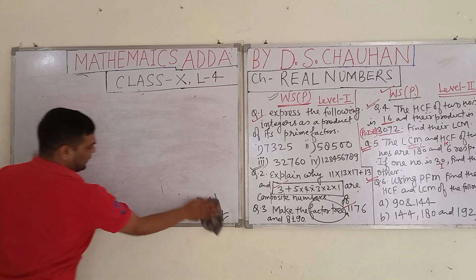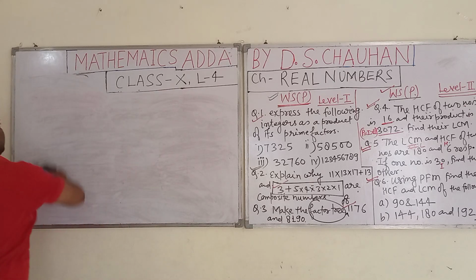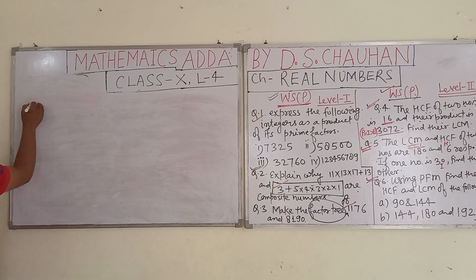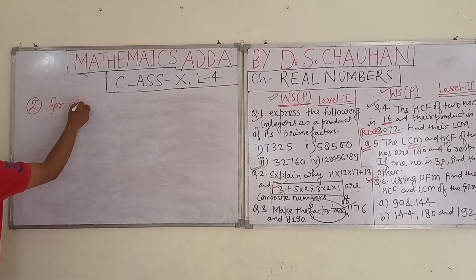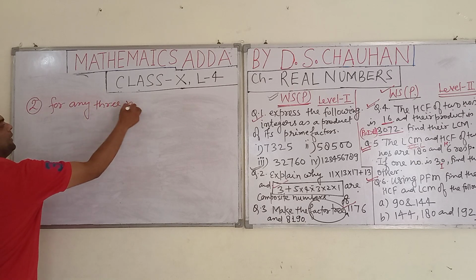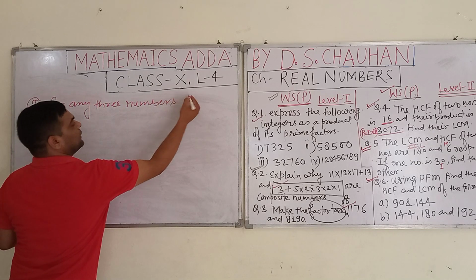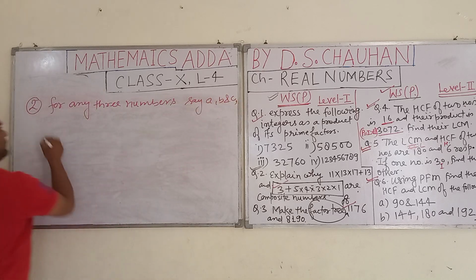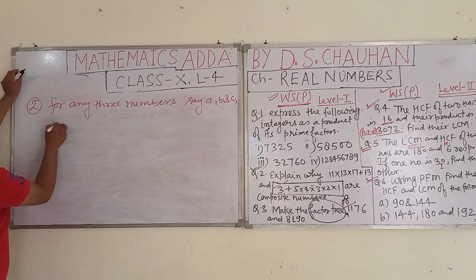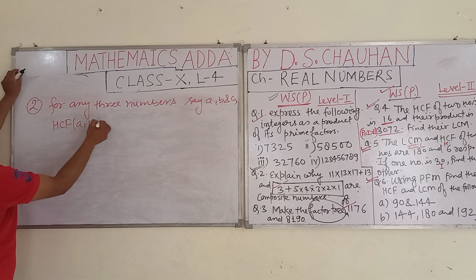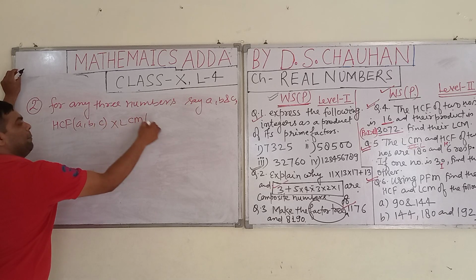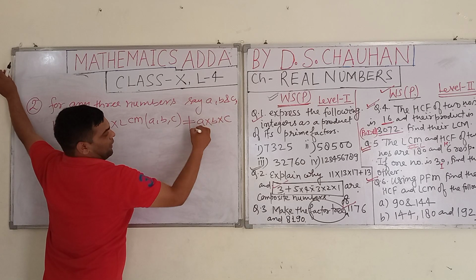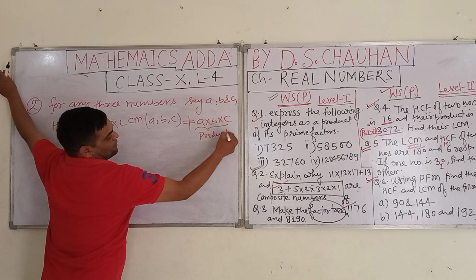Okay, well students, now the last point I am going to conclude here by one example which is very important. Try to understand, students, here. Second important point, for any three numbers, say A, B and C, HCF of A, B, C into LCM of A, B, C is not equal to product of the numbers.